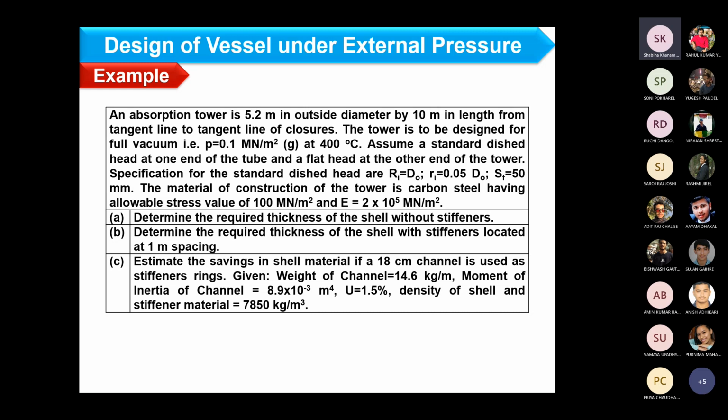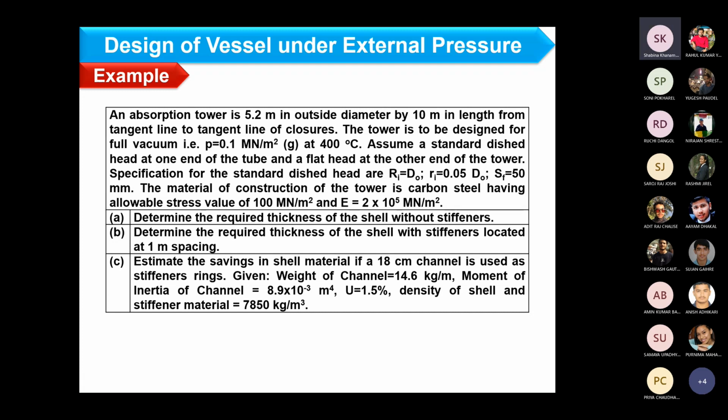The material of construction of the tower is carbon steel having an allowable stress value of 100 mega newton per meter square. The modulus of the material is given as 2 into 10 power 5 mega newton per meter square. What we need to find, first of all, is the required thickness of the shell without stiffeners.